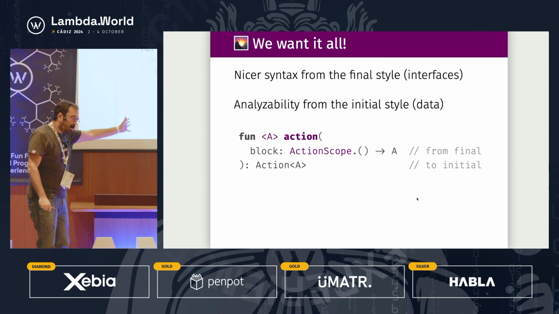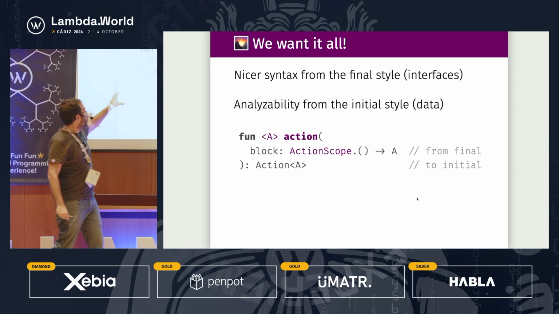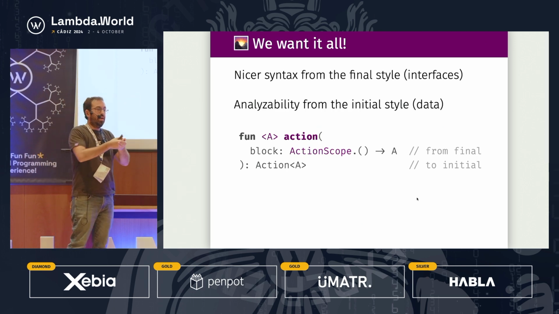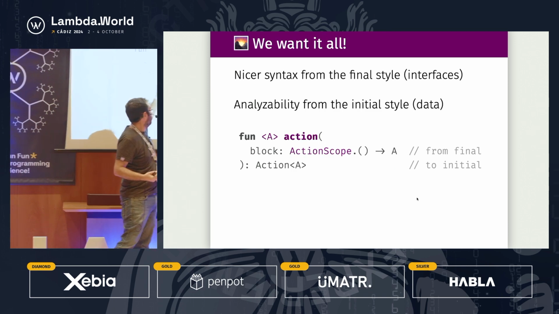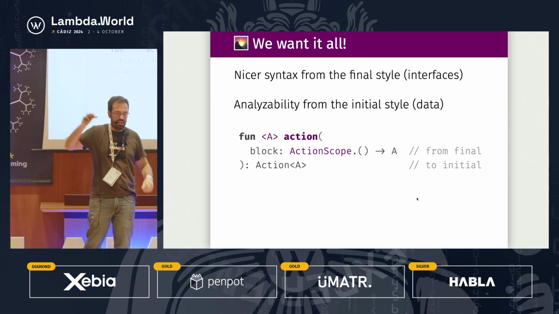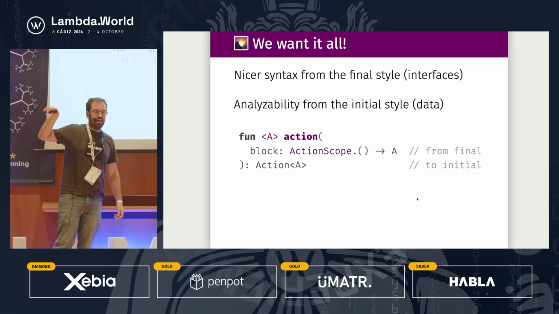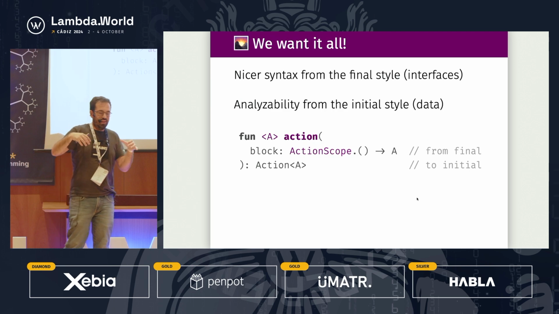So what we are going to look for is a way to go from something which is a function in the final style, which is going to be this argument. This argument is just a function, and this is Kotlin syntax to say, by the way, that this action scope is going to be available inside as the this.